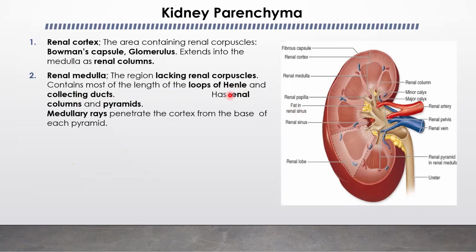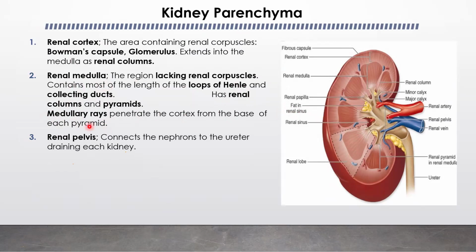Let's not forget that the renal medulla contains the pyramids and the columns, as we alluded to earlier. How can you determine this is the renal medulla? You'll be able to see the medullary rays, which penetrate the cortex from the base of each pyramid.